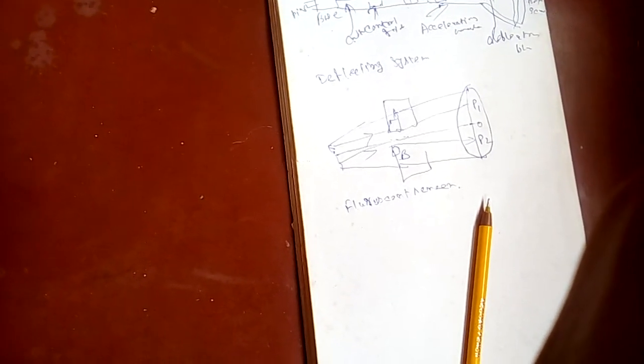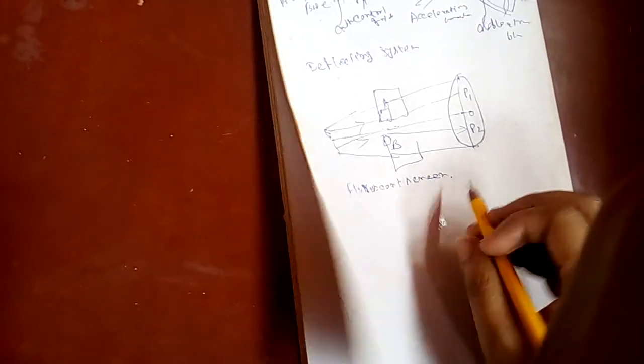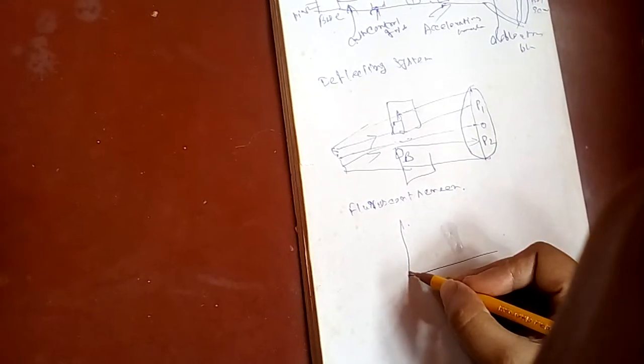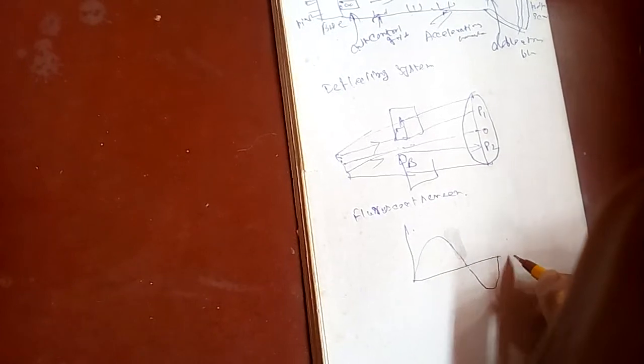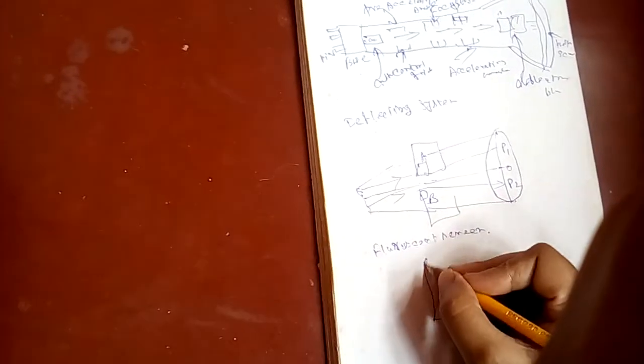If we see the waveform in the figure, there is a sinusoidal wave. This is the x direction, this is the y direction. Suppose this is 1 volt, and it is divided into 5 parts, each 0.2.